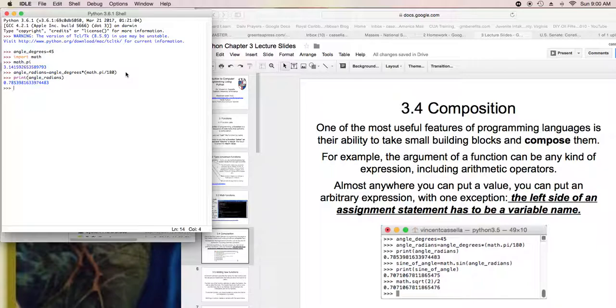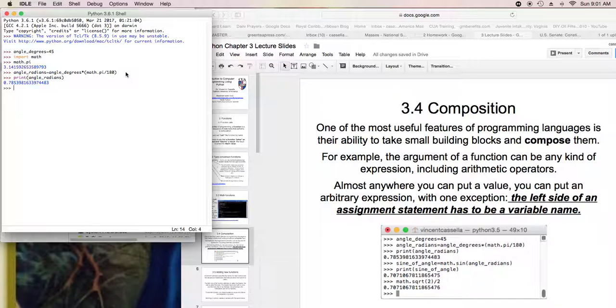The reason you put angles in radians is because a lot of times the functions in math, anything that applies to angles, always expect that angle to be in radians. And in English, a lot of times we talk about angles in degrees. So in order to use those functions, we'd have to convert that angle in degrees to an angle in radians.